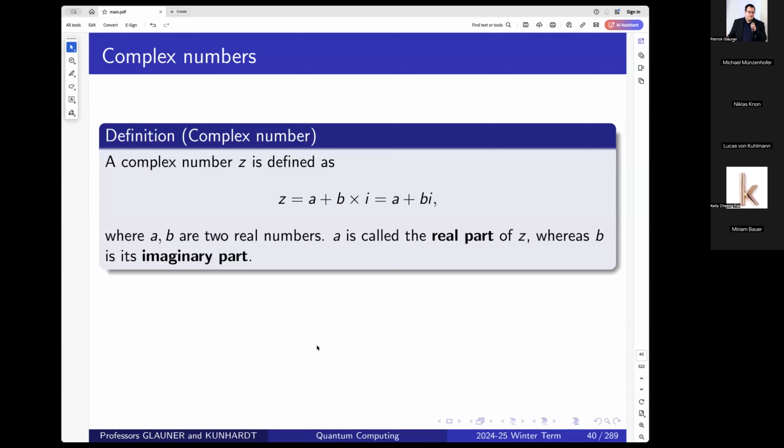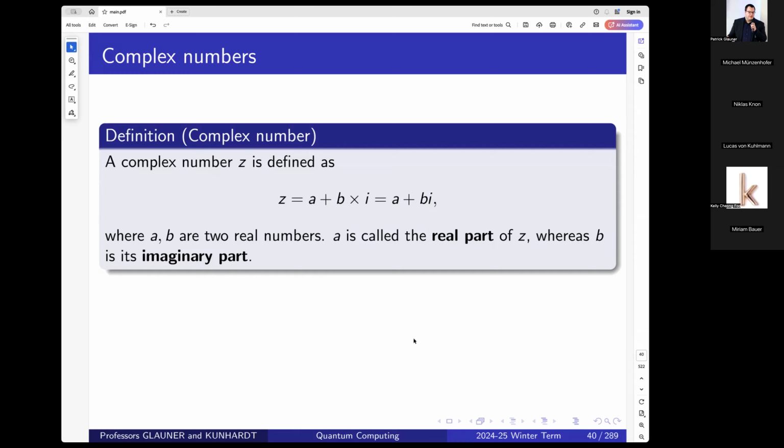A complex number is, for example, denoted Z, and Z is defined as A plus B times I. So this cross here is just a multiplication, just to highlight what BI means, but often it's just written out in short as A plus BI, which is B times I.